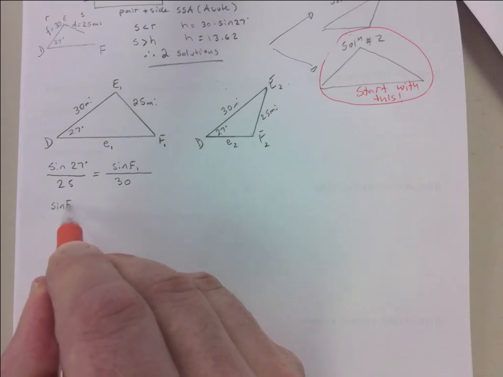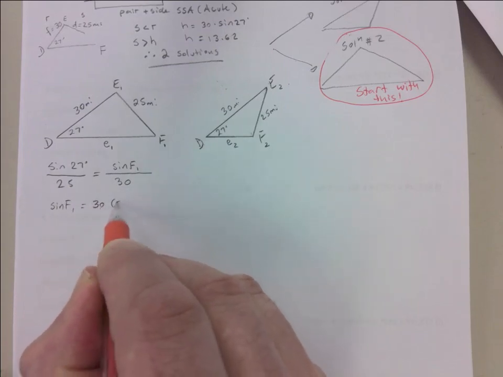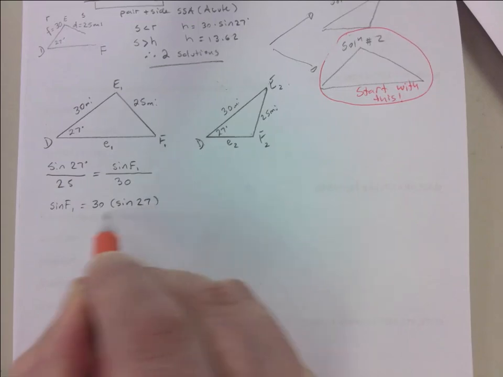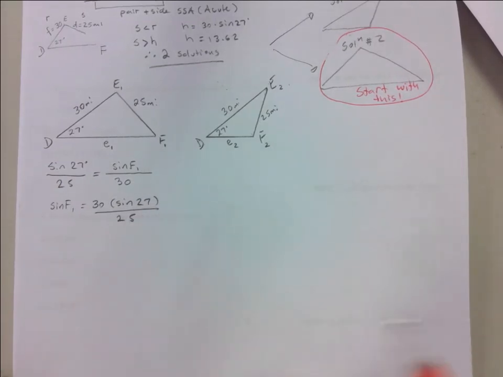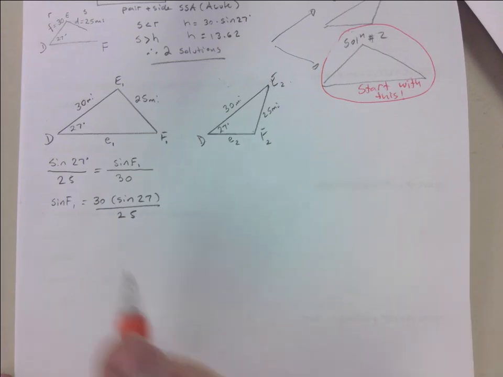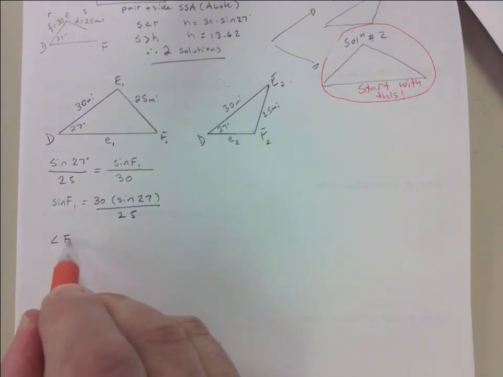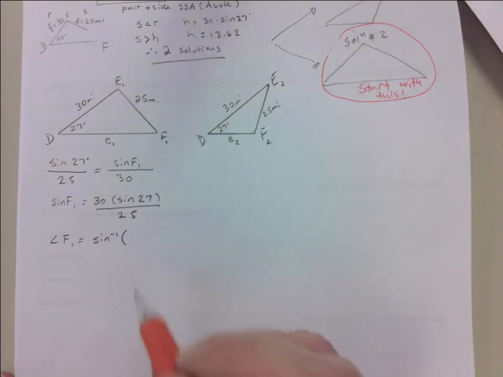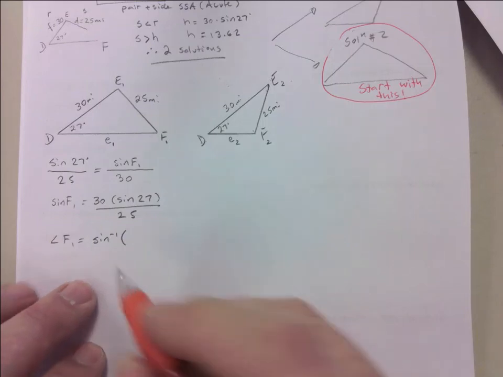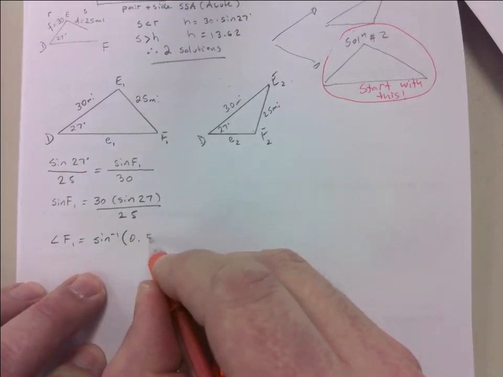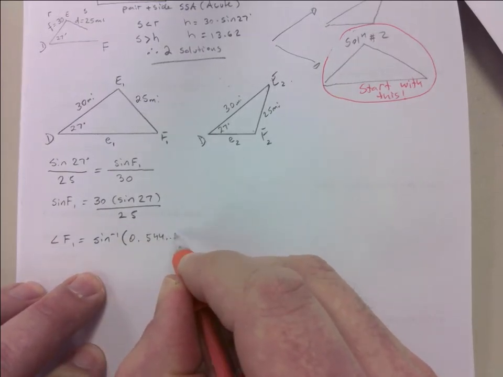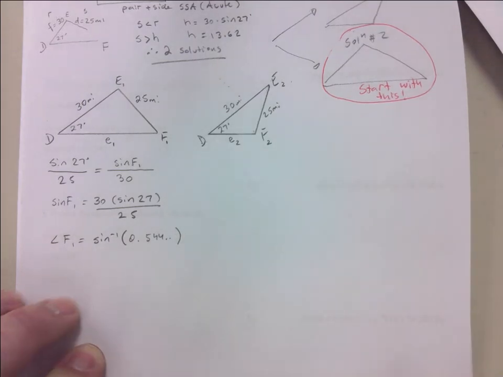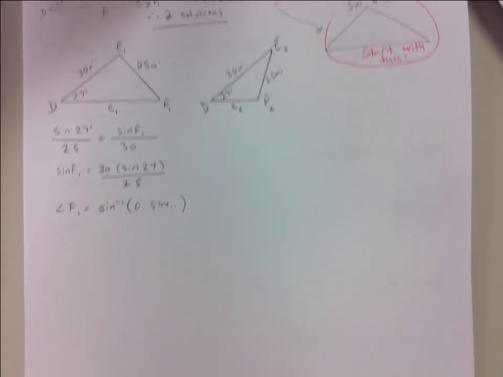Sine F1 is 30 times sine of 27 divided by 25. That is essentially sine inverse of 0.544, and that keeps going because I want to use all decimals, right?